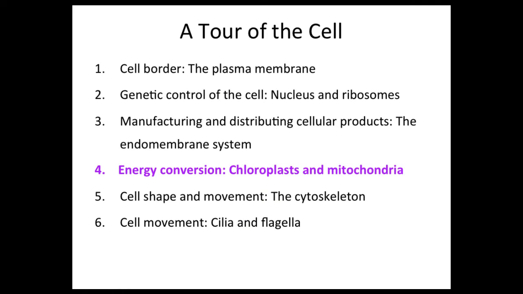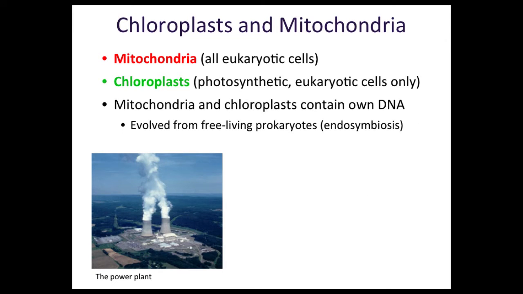All right, our next stop in our tour of the cell is all about energy conversion, the so-called power plant of our cell, which is either chloroplasts and/or the mitochondria. Mitochondria are the power plants for all eukaryotic cells.